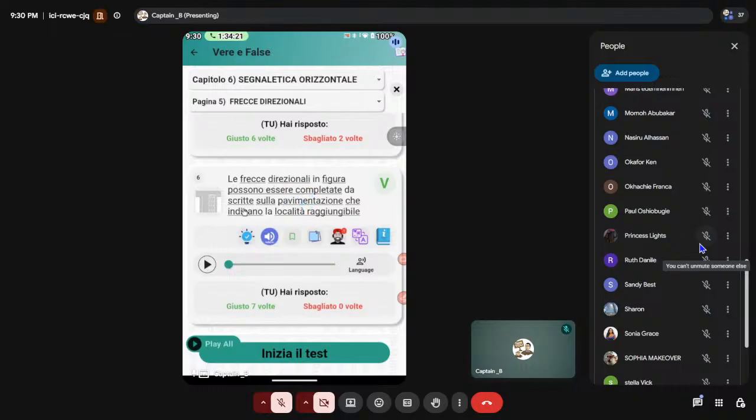Le frecce direzionali in figura possono essere completate da scritte sulla pavimentazione che indicano la località raggiungibile. Remember, I chose the middle one as Milan, while I chose the left one as Bologna. So let's also choose the right one, the one going straight, as Milano also, and let's add Venezia, Vicenza.